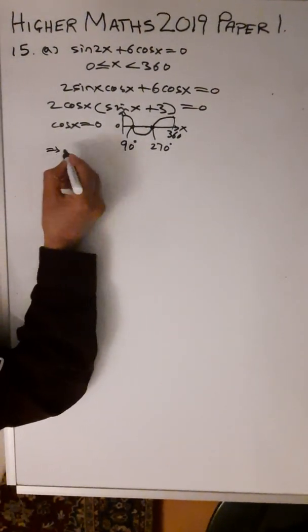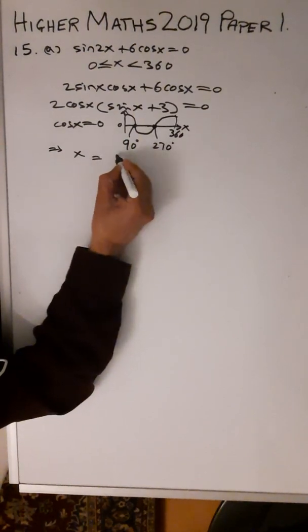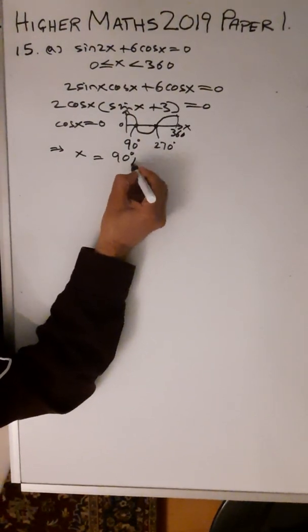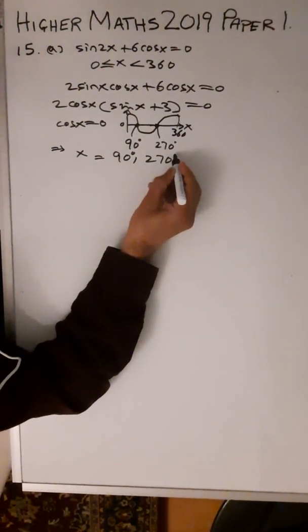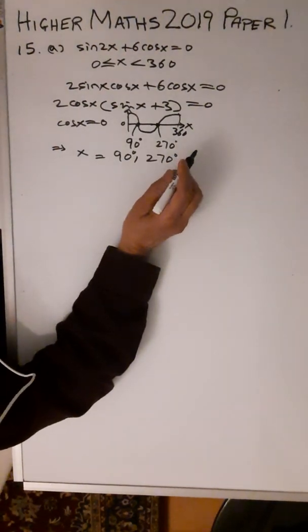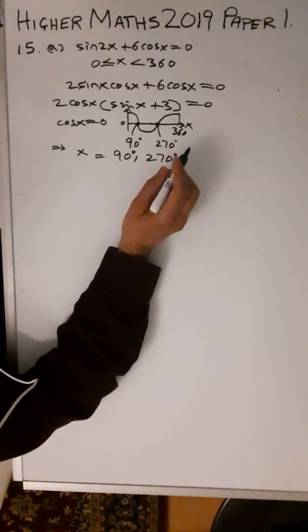So that means that x is equal to 90 degrees and 270 degrees. So these are your only two solutions for part A.